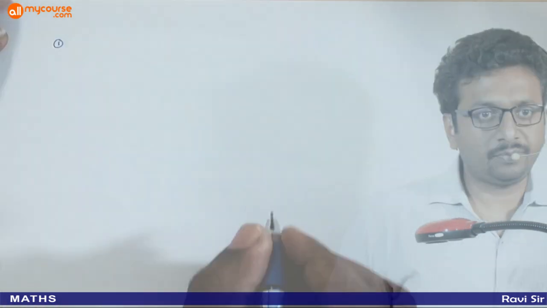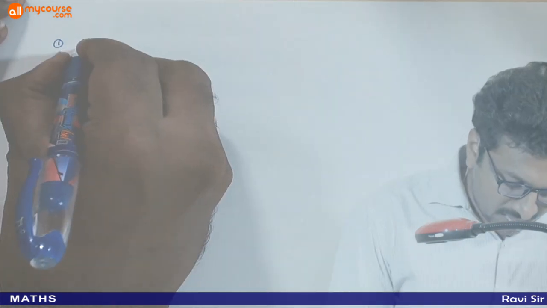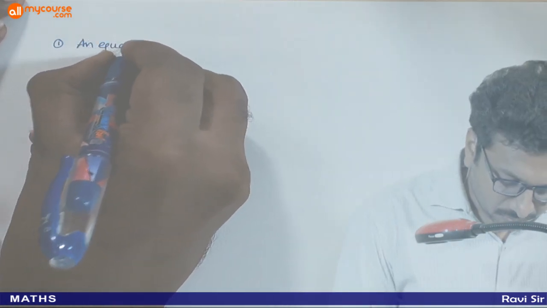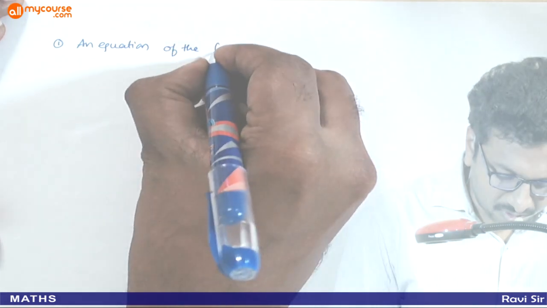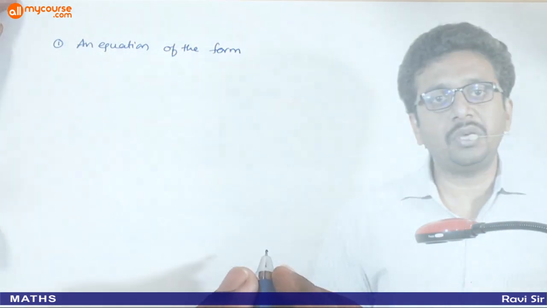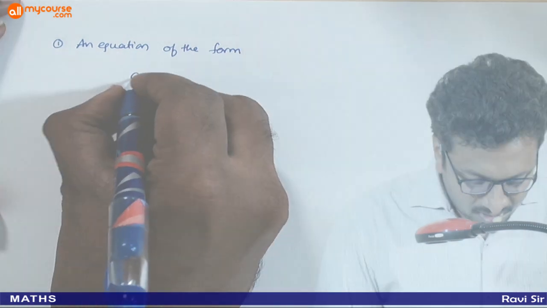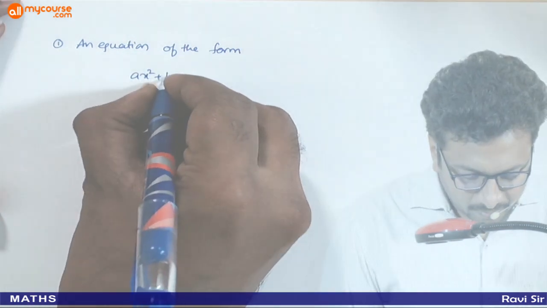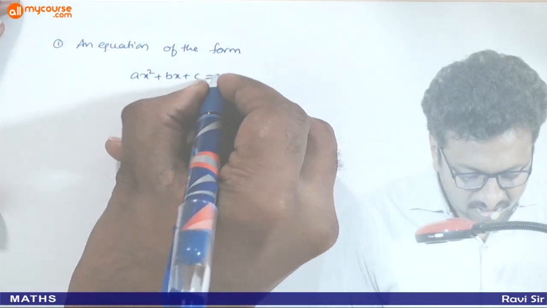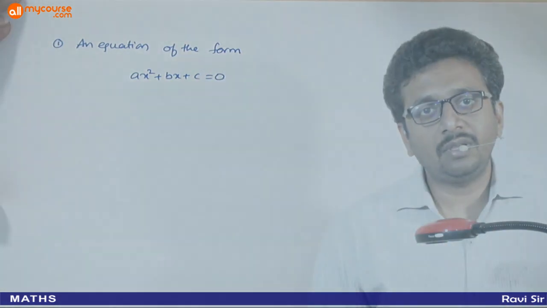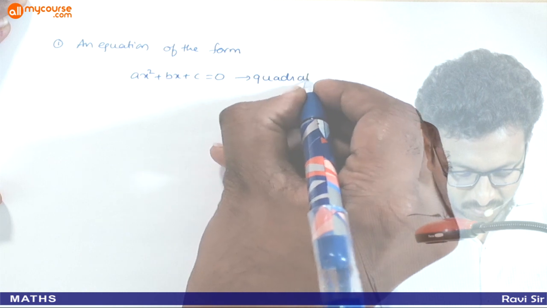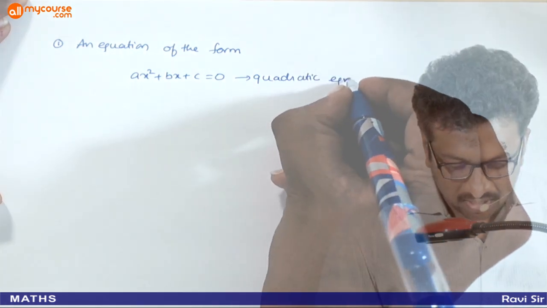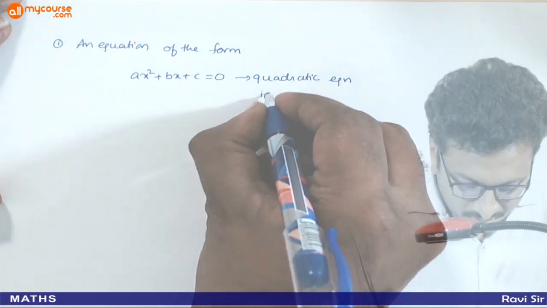So first, an equation of the form ax square plus bx plus c equal to 0 is called a quadratic equation in variable x.